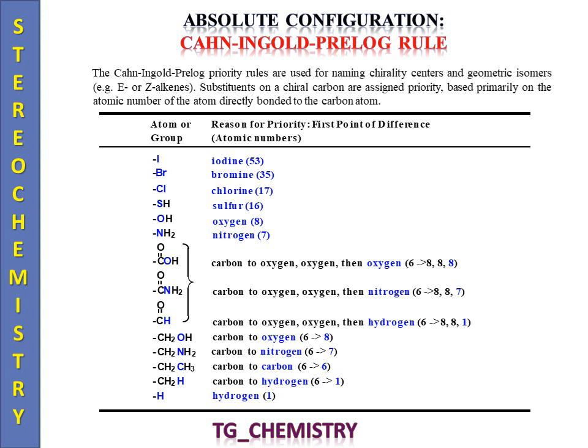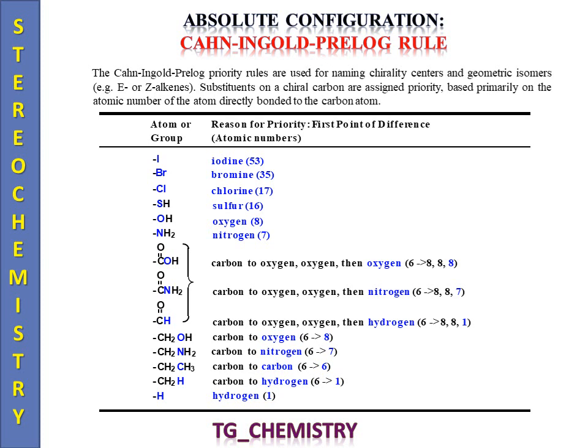In between these two you see different functional groups, where the functional group can be a carbon containing group, and those carbons will be attached to the chiral carbon, and then you have the heteroatoms attached further to the carbon center, like in case of COOH, CONH2, CHO, CH2OH, CH2NH2.